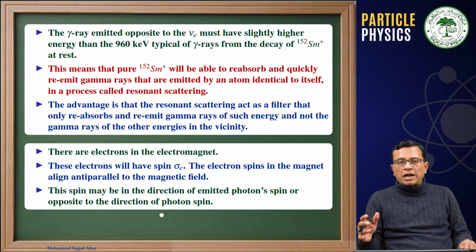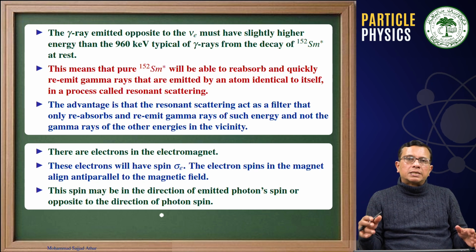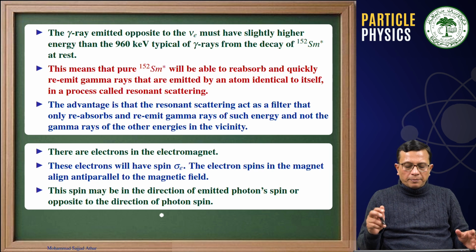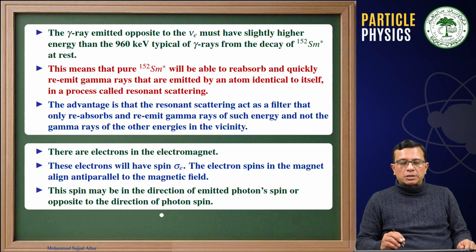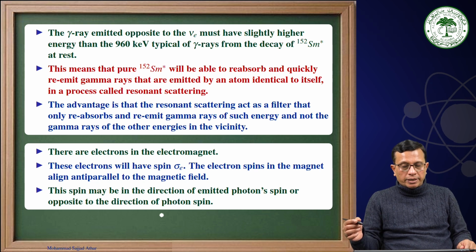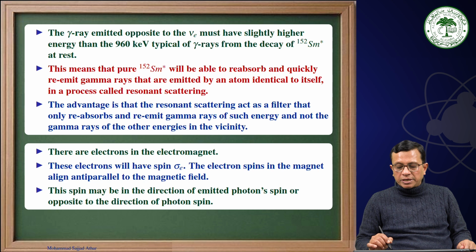Now, as I have told you, the source was placed in a magnetic field. And we know that when we have a magnet, there will be electrons in the electromagnet. These electrons will have a certain spin. The electron spins in the magnet align anti-parallel to the magnetic field. This spin may be in the direction of the emitted photon's spin or opposite to the direction of the photon spin.